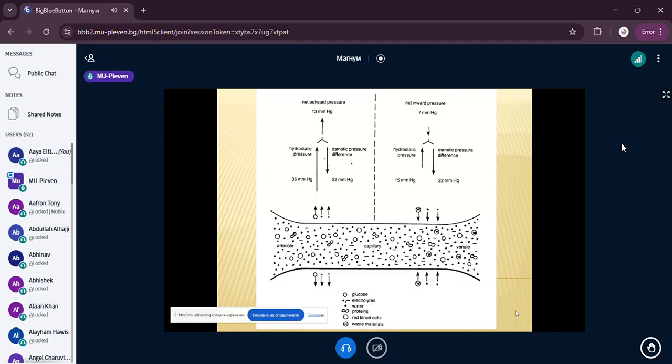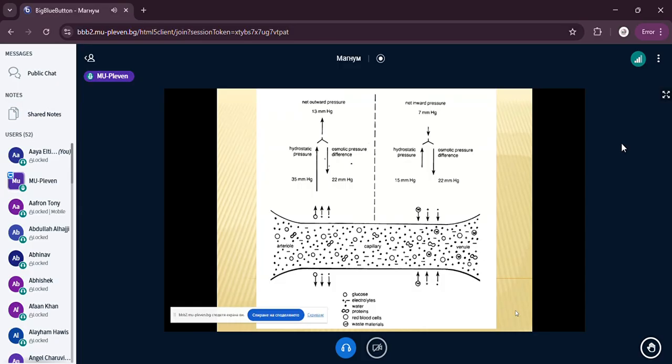Location is away from the heart, that's why the value is less, 15. So we've got the same osmotic net pressure which we have calculated of 22. So thus the net outward pressure, why? Because those two vectors being subtracted, the result would be a vector having the direction of the bigger one. So thus 13 millimeters is what? The net pressure between hydrostatic and osmotic exerted in that part of the vessel.